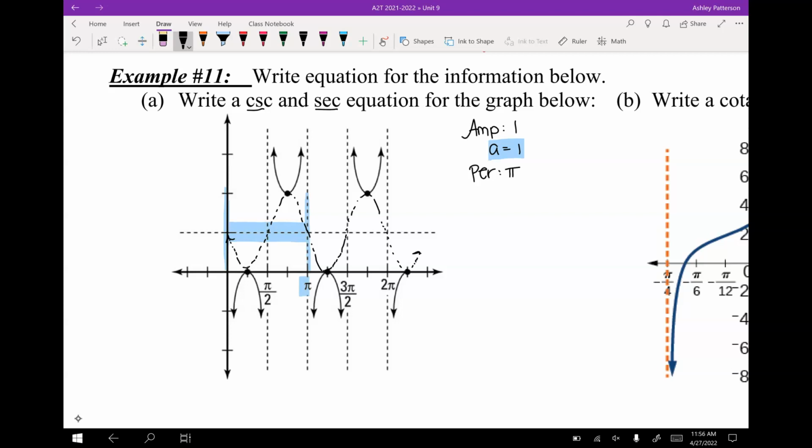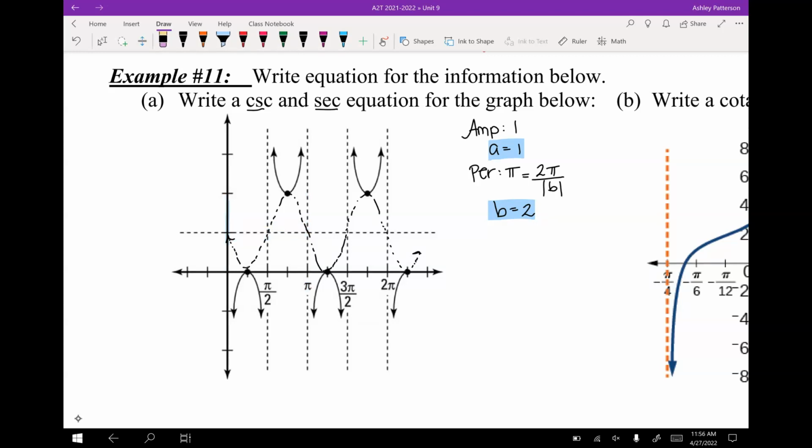Thinking about cosecant and secant and their reciprocals, their parent function has a period of 2 pi. In order to change that, we'd have to divide it by b. If we cross multiply, we find that b is 2. Again, this isn't going to change regardless of secant or cosecant.